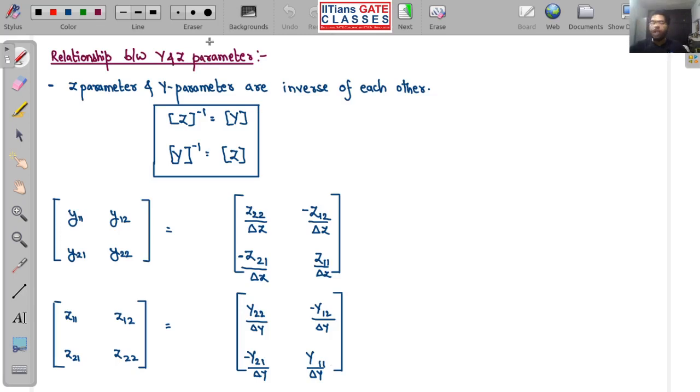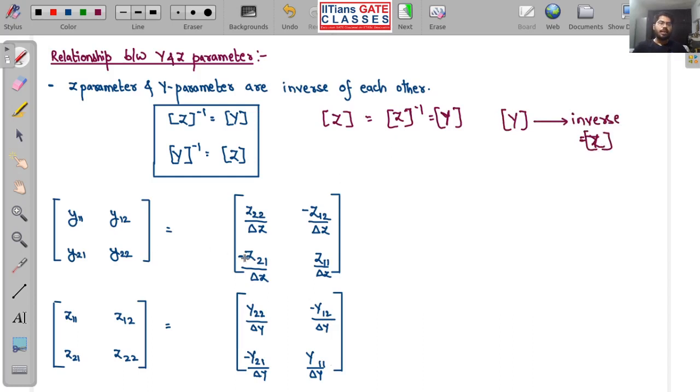So Y parameter and Z parameter, basically they are inverse of each other. If I have been given Z matrix, how do I calculate Y matrix? I will just take the inverse of this matrix, and it will be my Y. And if I have been given Y matrix, how to calculate Z? If I just take the inverse of this matrix, I will get my Z matrix.